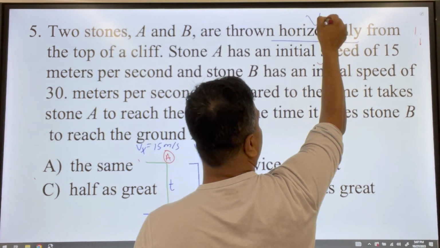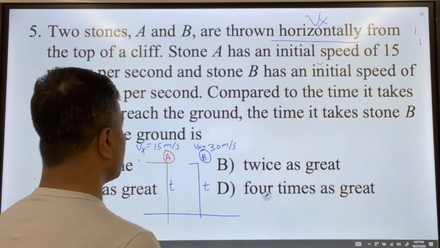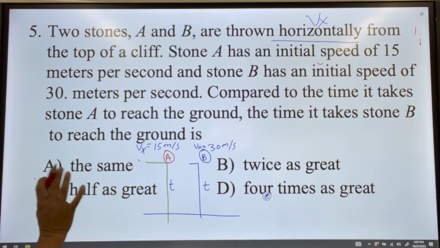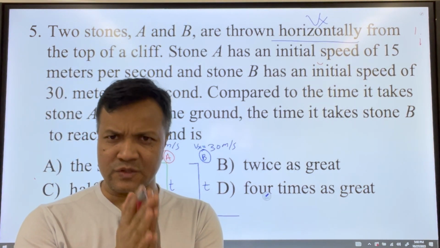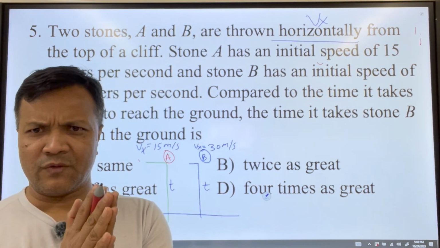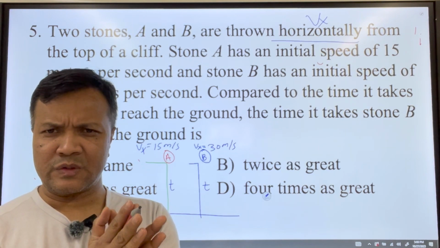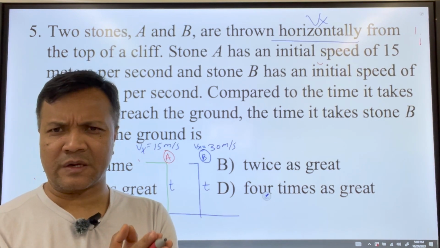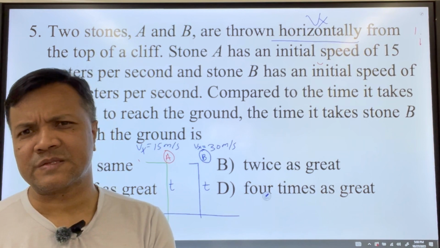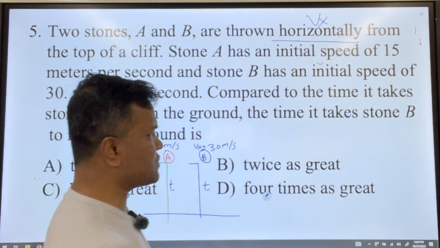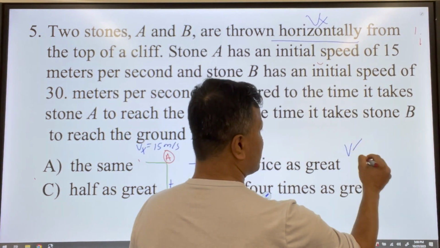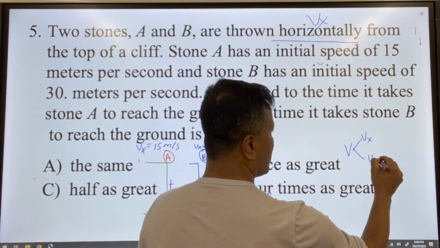Horizontal means Vx. Please understand that. Only one type of velocity contributes to the time it takes to land on the ground, and that is the vertical component of the velocity. So velocity has two components, Vx and Vy.